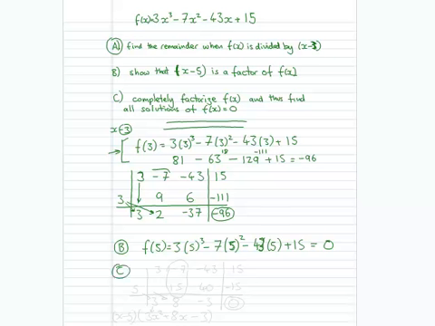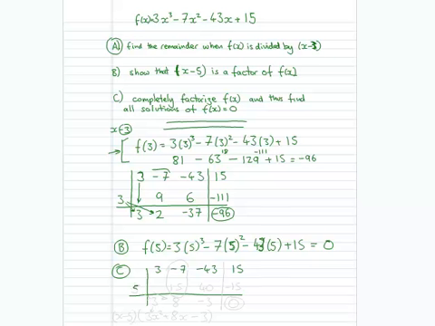So if we look at this, what we want to do is completely factorize the function. So the first thing we need to do is divide the function by x minus 5. Again, we're going to use synthetic division because it's rather quicker than polynomial division, in part because we don't have to write down as many things. But let's have a look.